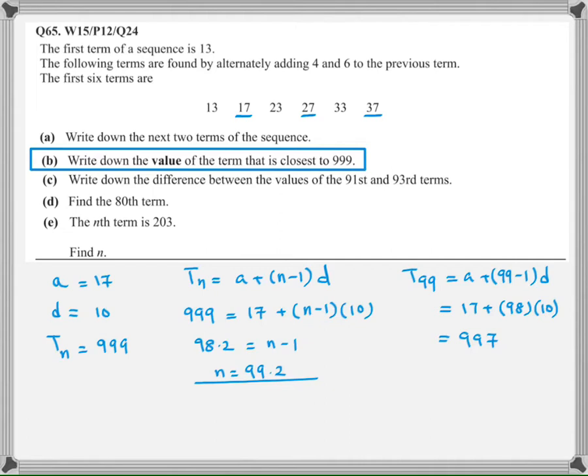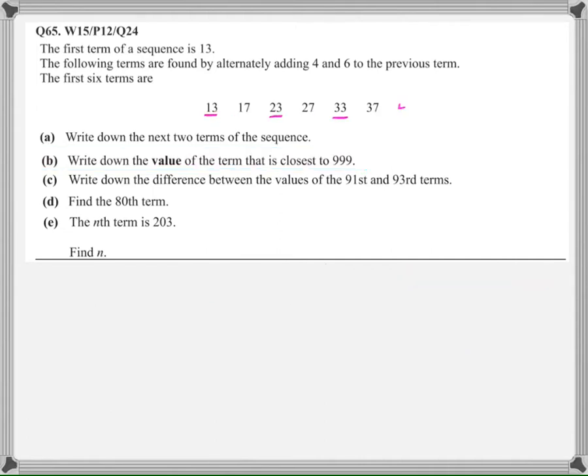Now it says, write down the difference between the 91st and the 93rd term. Now, if I write more numbers, again, the simple basic concept: you always have to come to your basics, to your roots. So between the first and the third term, the difference is 10. Third and fifth, difference is 10. And I'm talking about difference, that means the absolute value, the magnitude. Bigger minus smaller or smaller minus bigger is of least concern over here.